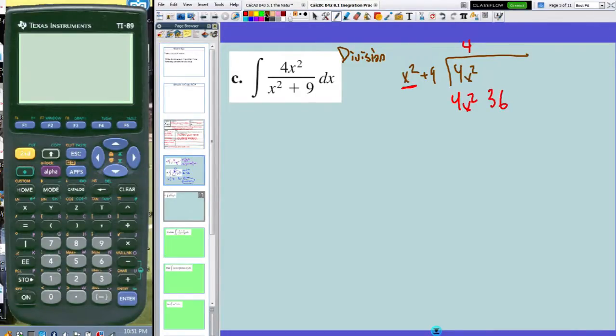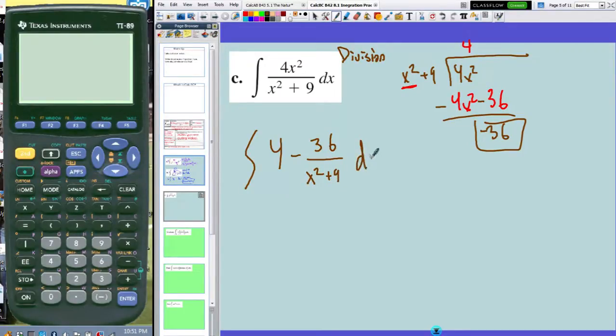You're going to be subtracting just like in long division, and these cancel out to 0, leaving negative 36. This is your remainder. So rewriting this in long division form, it's going to be the integral of 4 minus 36 over x squared plus 9 dx.